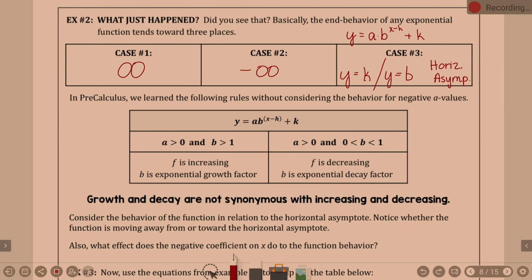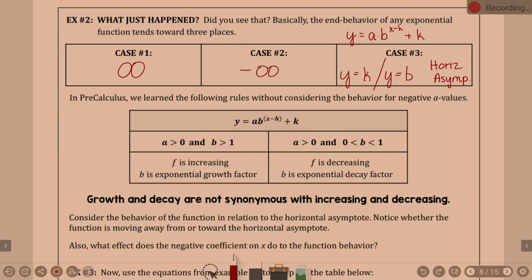If a is greater than 0, so it's positive, and b is greater than 1, f is going to be increasing, going up, and b is your growth factor. Whereas, again assuming a is positive, if b is between 0 and 1, f is decreasing, and b is the exponential decay factor. So we talked about growth and decay in Algebra 2 and a little bit in pre-calc.